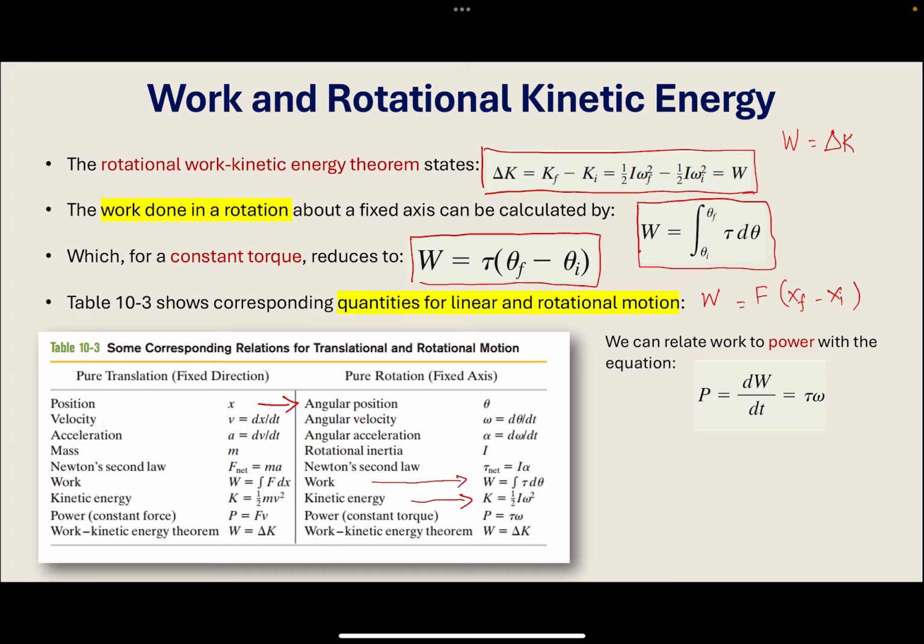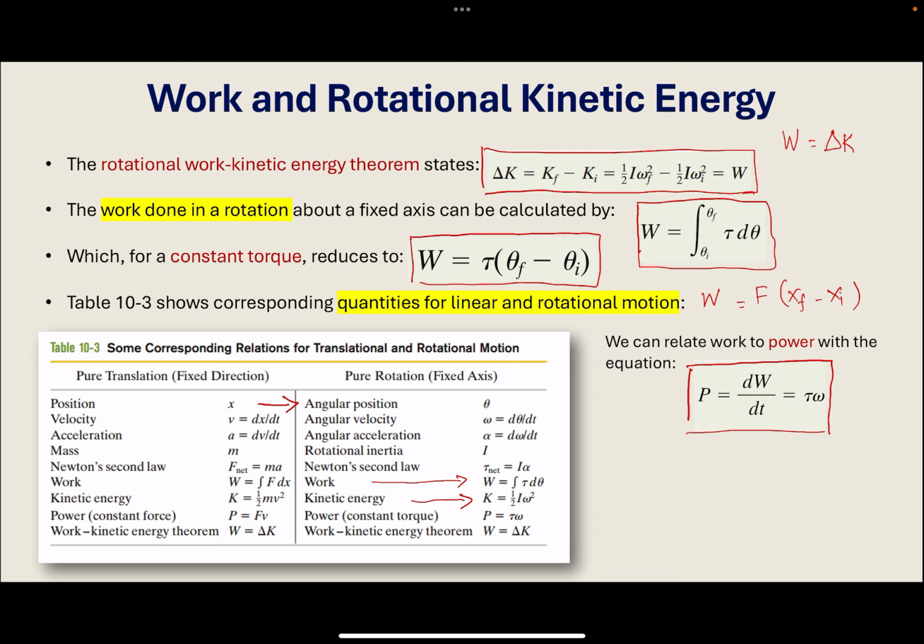The patterns are universal. Finally, we can relate work to power using P equals dW per dt equals torque times omega. So the power output of a rotating system equals torque times angular velocity. For example, in an engine, the mechanical power is produced by the torque of the crankshaft times its rotational speed, or RPM.